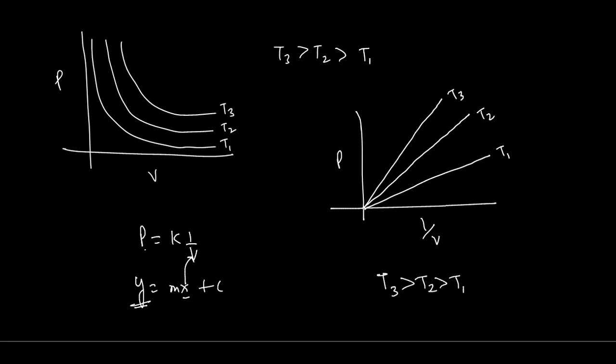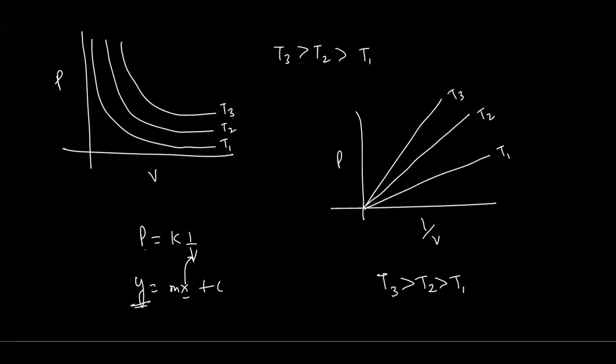Now moving further. Sir, can you explain how T3 is the highest one? Okay. If I keep 1 by V constant, it is not changing.